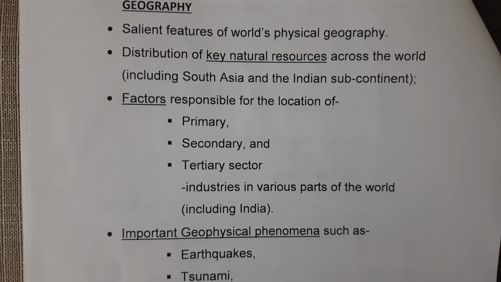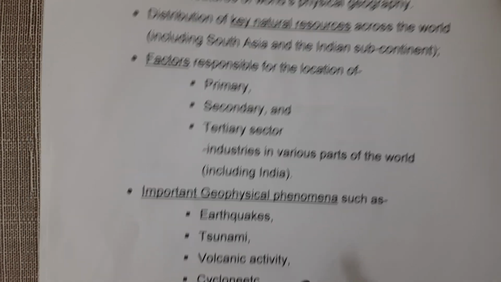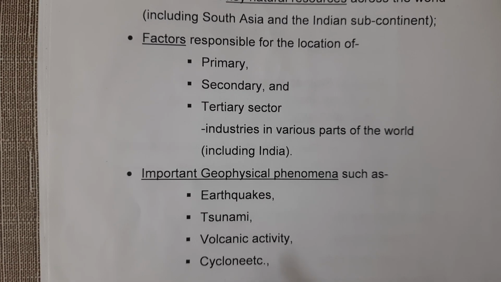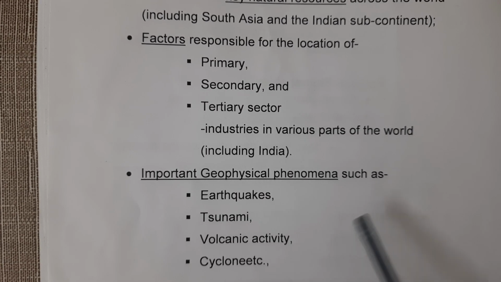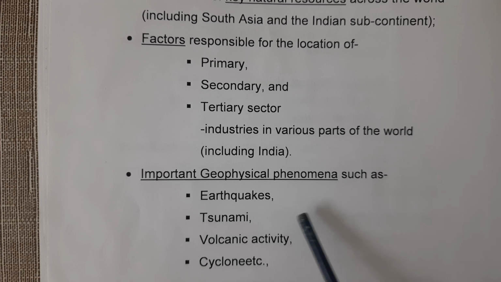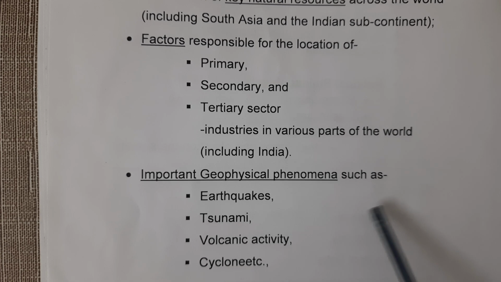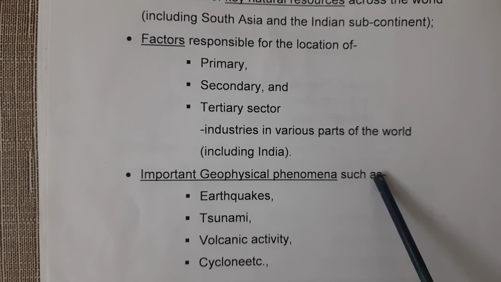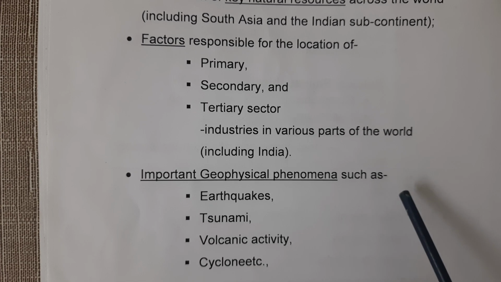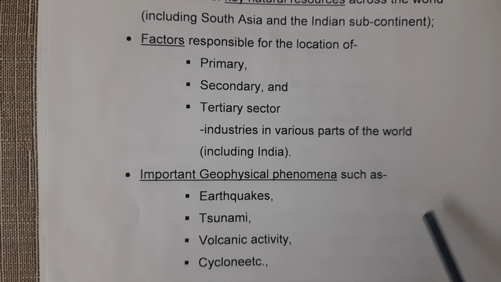Then, important geographical phenomena such as earthquakes, tsunami, volcanic activity, cyclones, etc. You should know what an earthquake is, the different types of earthquakes, how it happens, the different types of waves, and the most common places in the world where earthquakes occur.